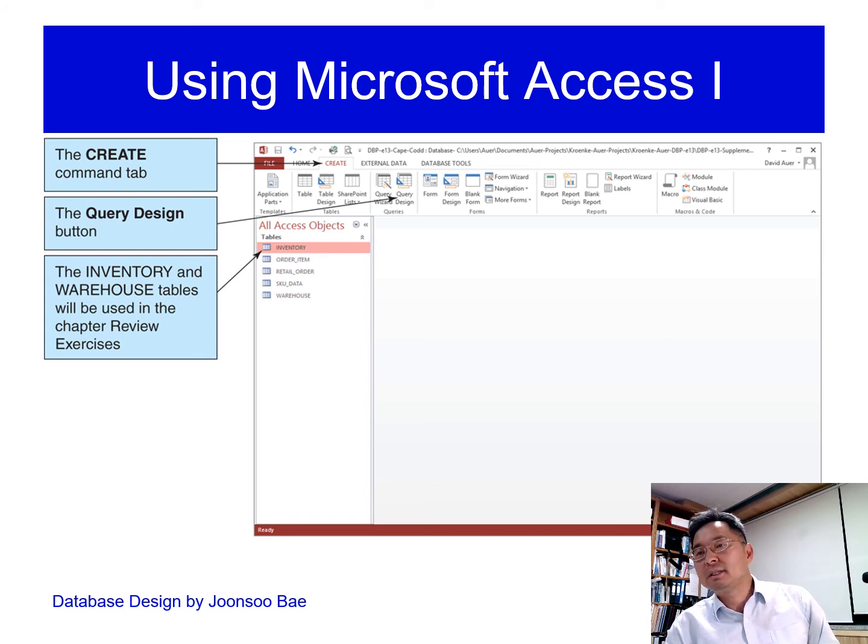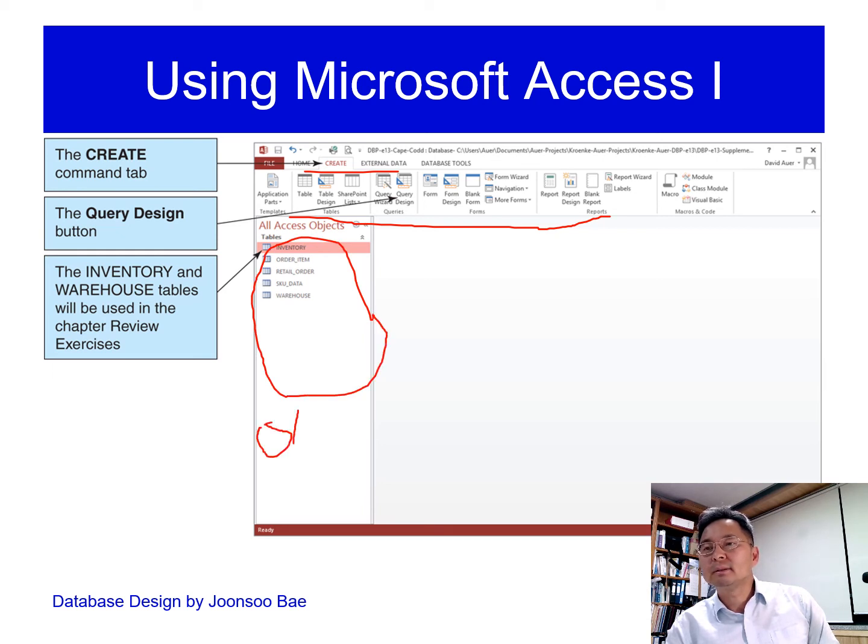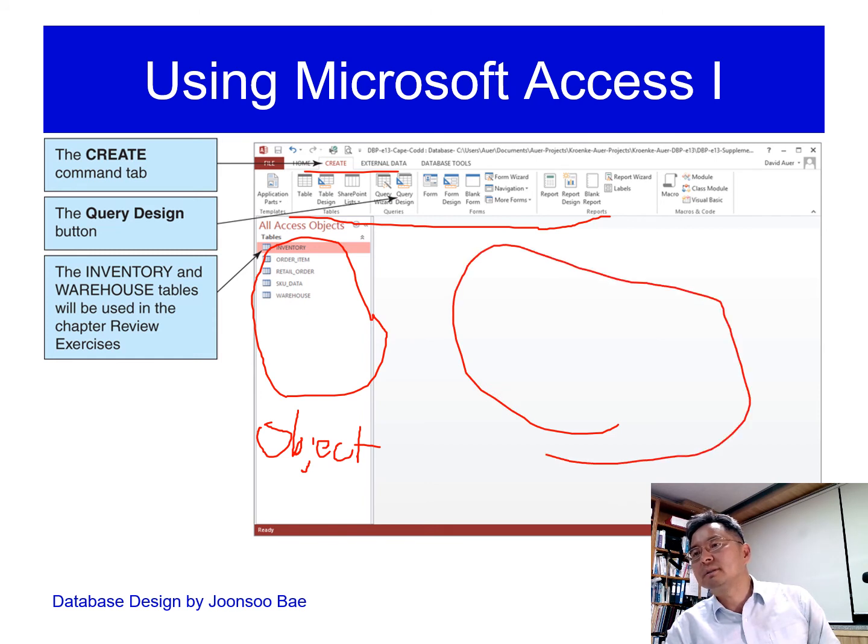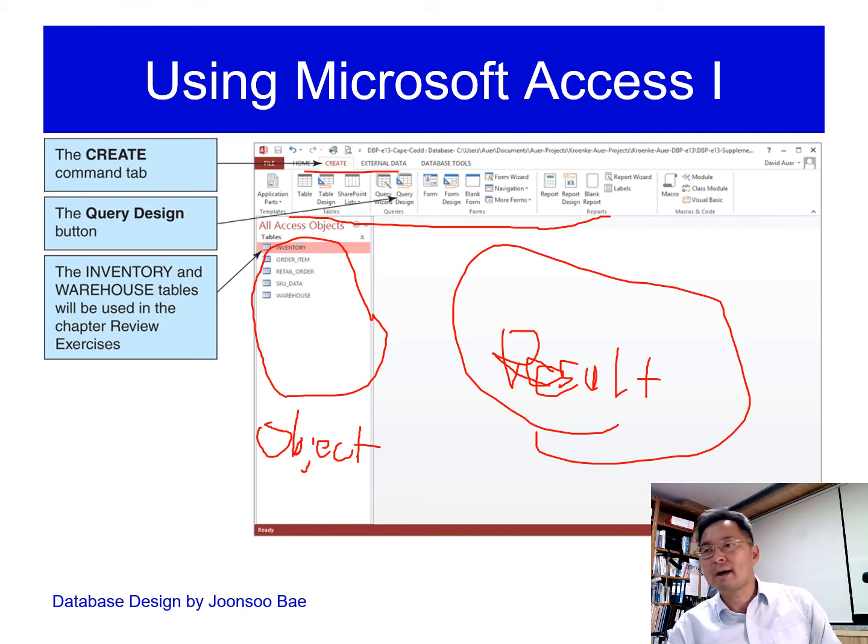It consists of a menu here and some tools here, and the left window is the object window in this database, and the right is for the result window. So the result of the SQL statement will be shown in the right window here.